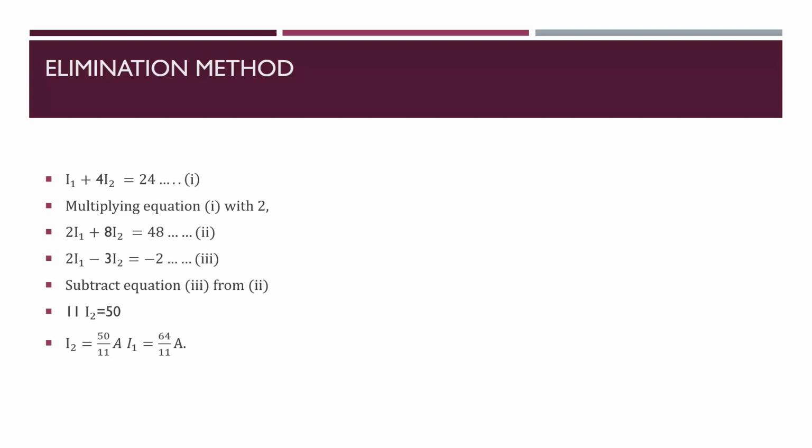Now I have common coefficients of I1. So I will subtract equation 3 from equation 2, and then the 2I1 will be cancelled out and I will get 11I2 is equal to 50. I will get the value of I2 first, and then place this value in any equation and I will get the value of the other variable, that is I1.